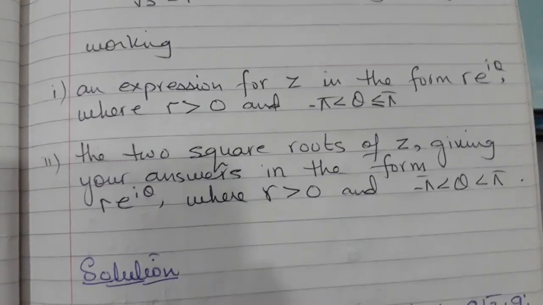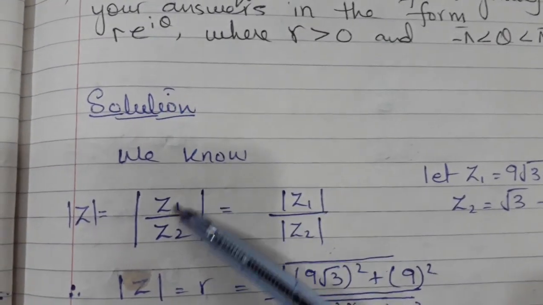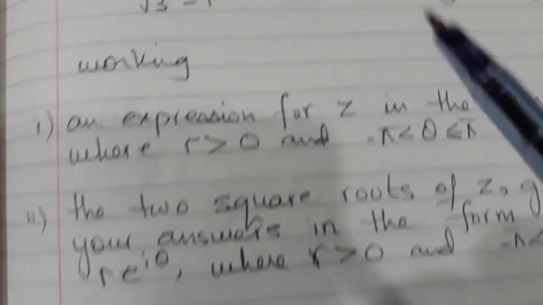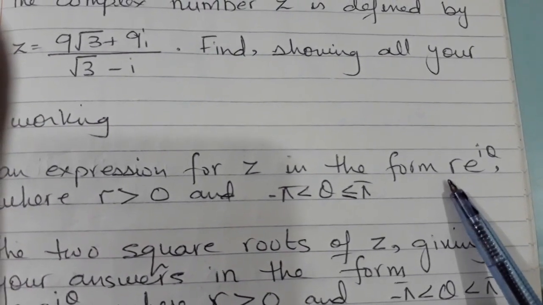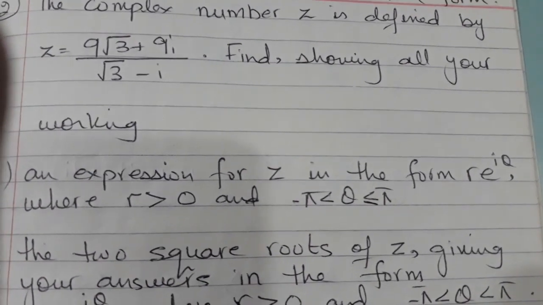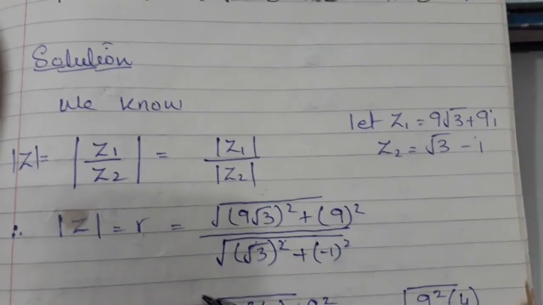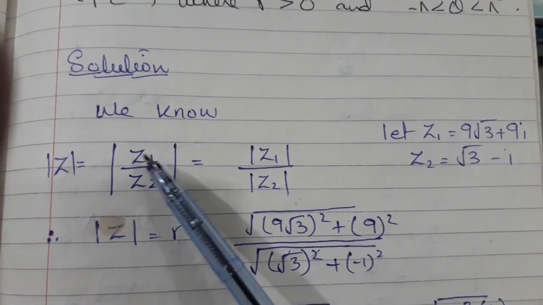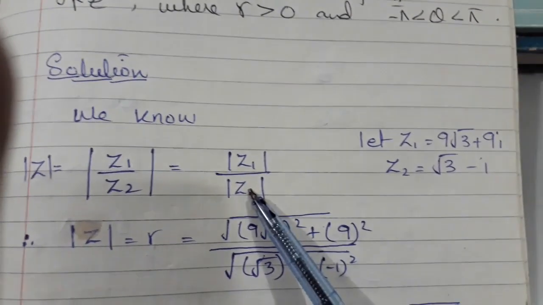So let's start. We know when a complex number is written in this form, z1 over z2, and when I'm talking about r e^(iθ), it means this is the length, and for length we use modulus of z, right? Modulus of z is actually equal to r, the length. So my question is basically in this form. If I see z1 over z2, I can write it down like this.